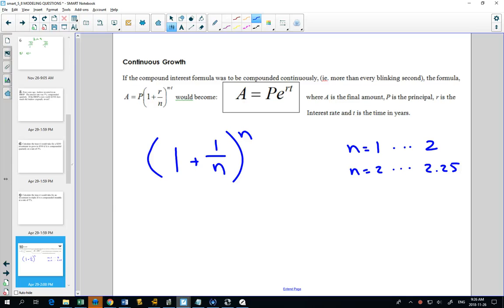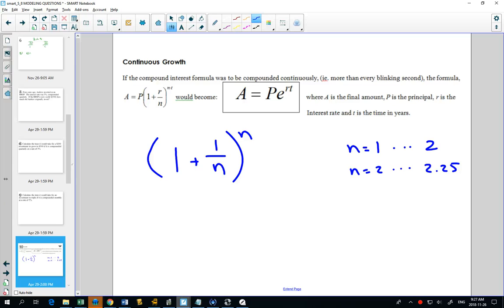Well, this part here, 1 over 1 trillion, it's pretty much equal to 0, right? And then if you went 1 plus 0, you'd pretty much get equal to 1. And what's 1 to any exponent? 1.